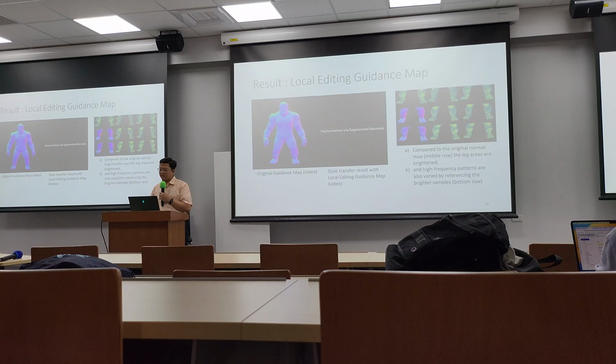The transferred normal in the leg area can increase brightness in the low frequency features like this one, and the high frequency patterns also vary by referencing the brighter samples without any deforming artifacts. In this scenario, the modified normal distribution can apply to the illumination changes. So we can add a fake lighting to brighten specific locations.